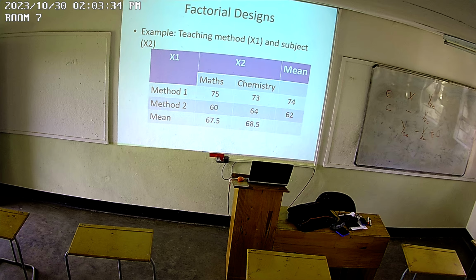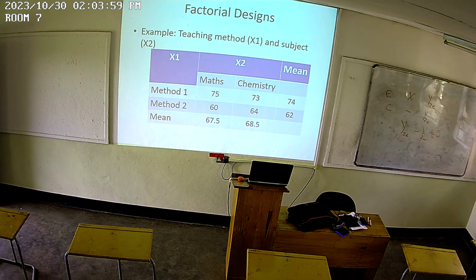If you take teaching method 2, the effect of teaching method 2 will best state its effect on the topic. Teaching method 2 is doing a very weak job in mathematics.